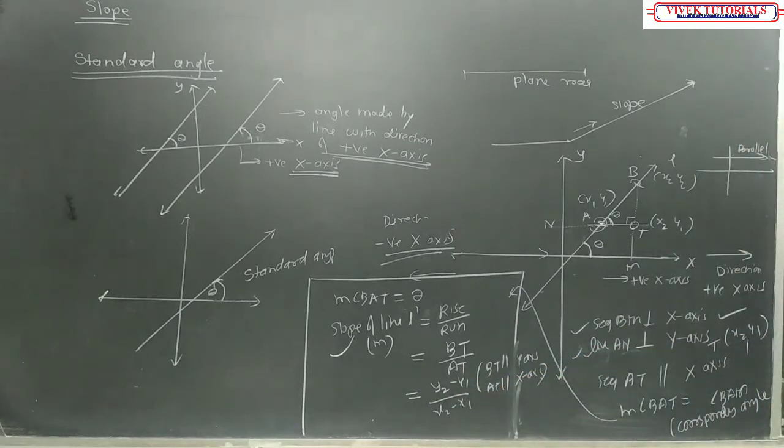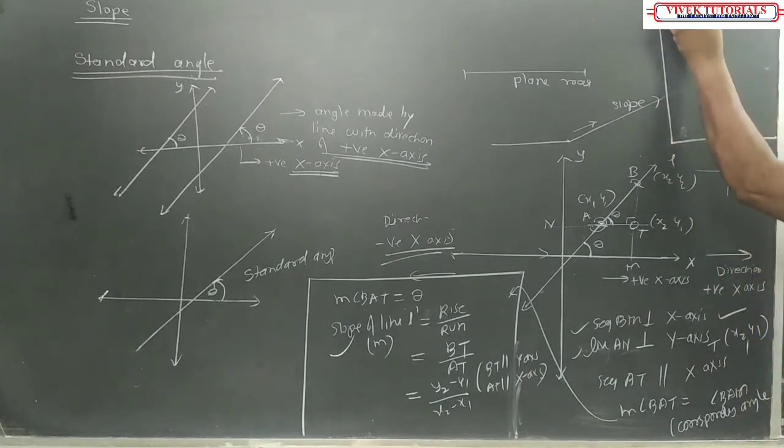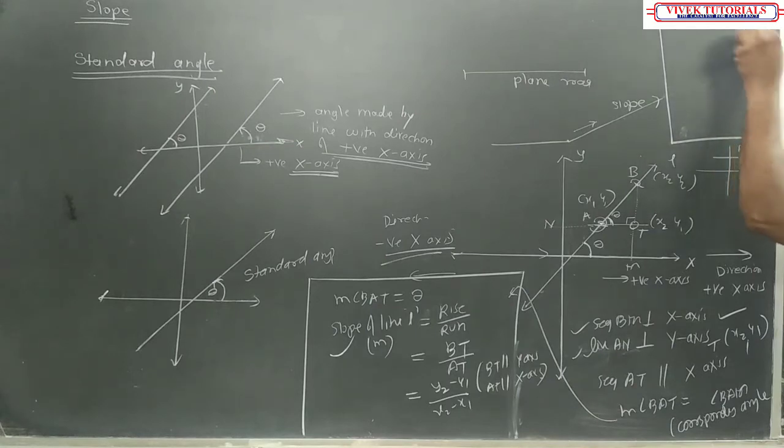So please students, I'll write over here. Slope m is equal to y2 minus y1 upon x2 minus x1. In the textbook they have given directly this formula. What is the slope? Slope is equal to y2 minus y1 upon x2 minus x1.